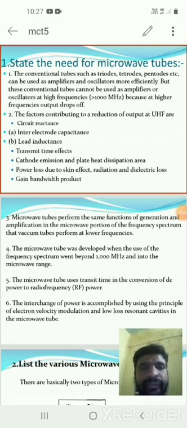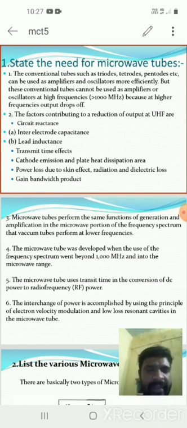That means in general, normal conventional tubes like triodes, tetrodes and pentodes can be used as amplifiers and oscillators more efficiently.